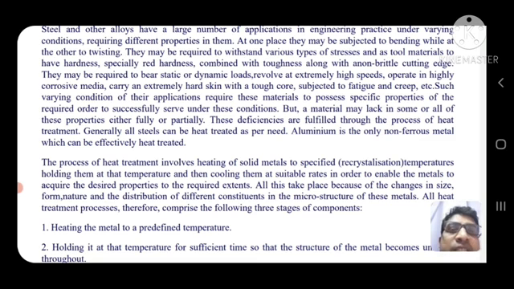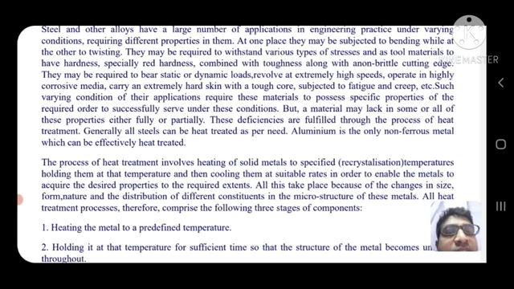Such varying conditions of application require different properties in the material. But a material may lack some or all of these properties, either fully or partially. These deficiencies are fulfilled through the process of heat treatment.